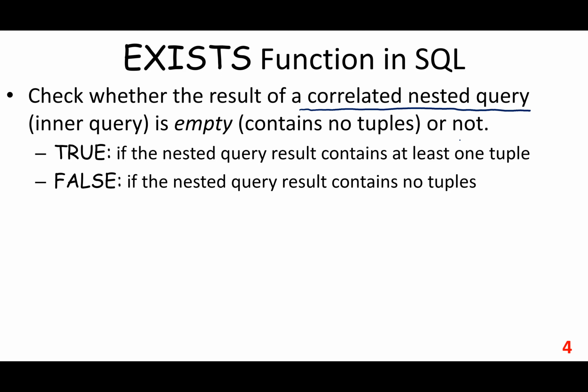It is false if the nested query result contains no tuples. So the logic is very simple, but we need to adjust our understanding, our thinking a little bit when we use this function.